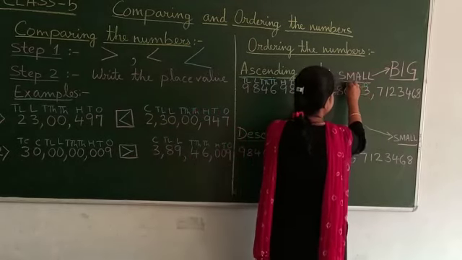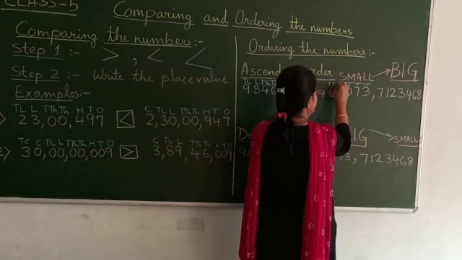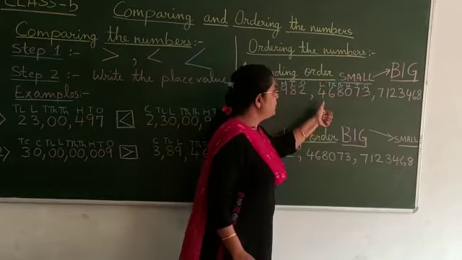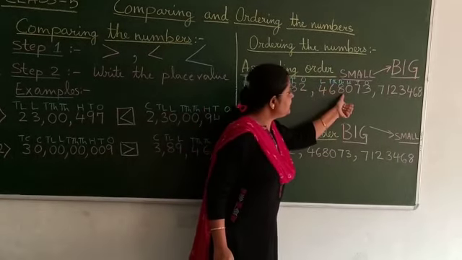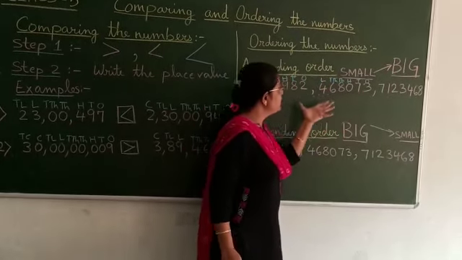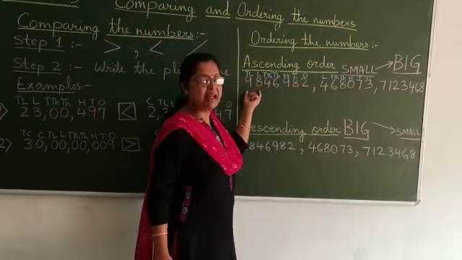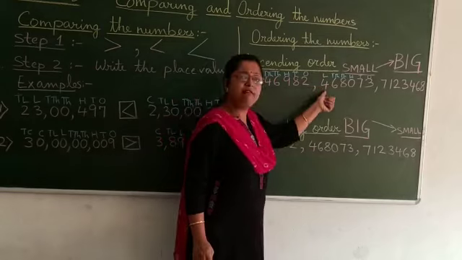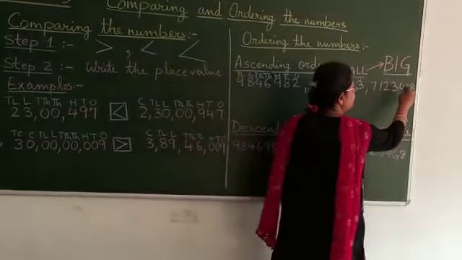Ones, tens, hundred, thousand, 10,000 and lakh. We have here only 4,68,073. So if you compare these two, you will find that 98 lakh is much greater than 4 lakh, isn't it? Now let's see the third number.